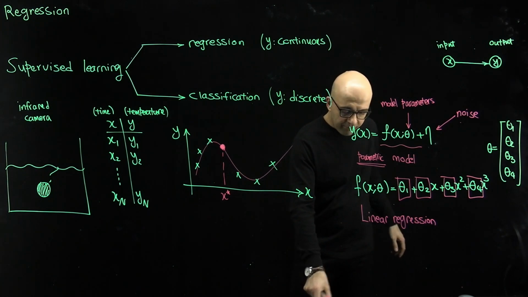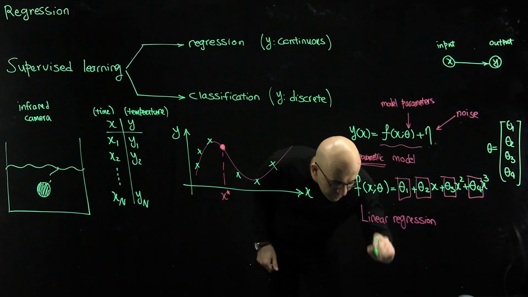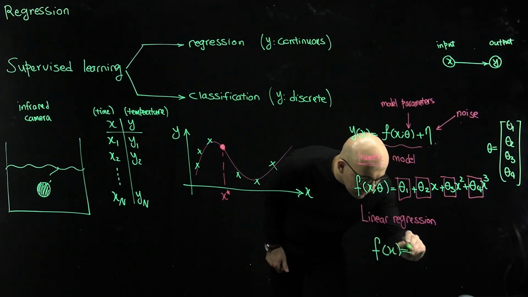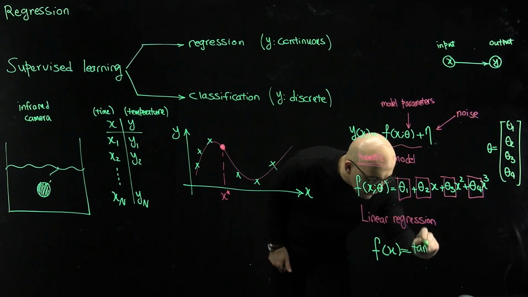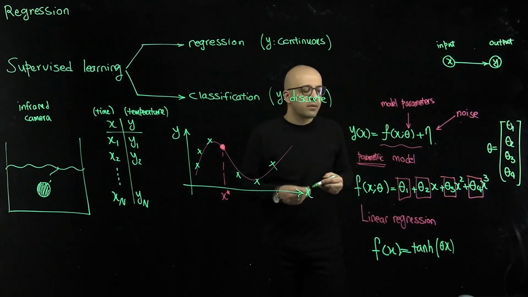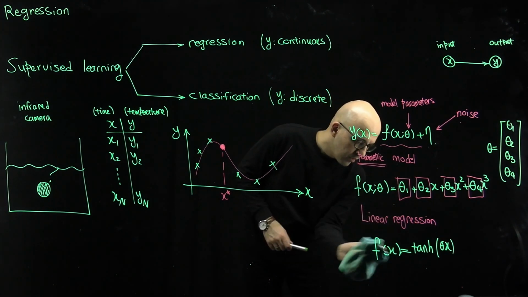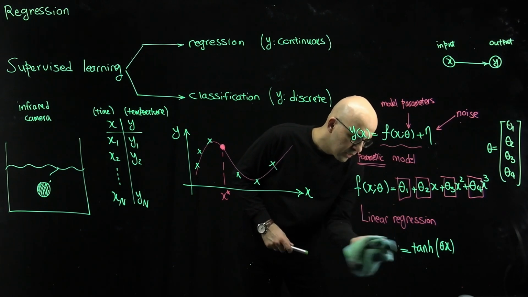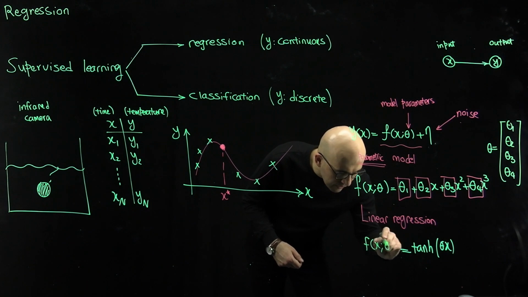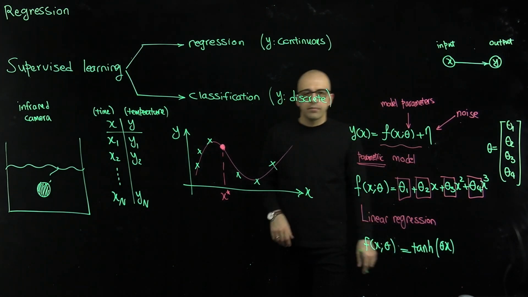An example of nonlinear regression models are neural networks. A very, very simple example: if we had chosen a model of this form, then the dependence of f on theta here is nonlinear.